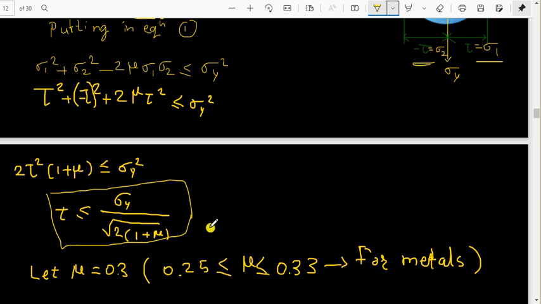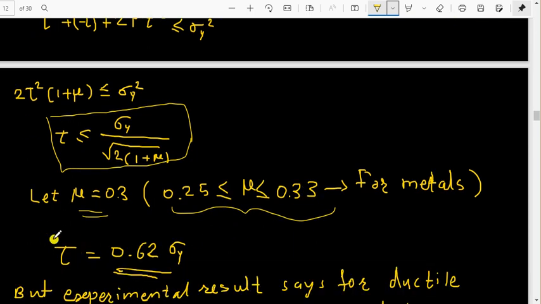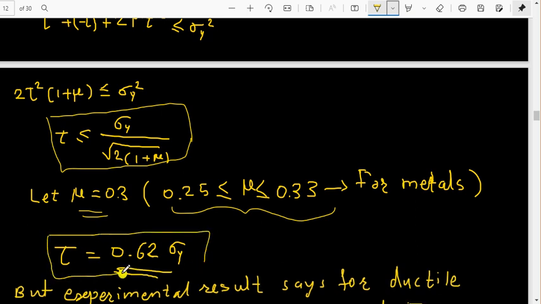If you put the value of Poisson's ratio equal to 0.3, because for most materials the value of Poisson's ratio is between 0.25 to 0.33, finally we are getting tau should be equal to 0.62 times the sigma y, right?